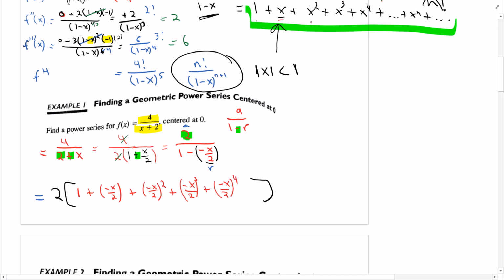We're just replacing all these x's with negative x over 2. And then we could simplify this. I think it's easiest to keep that 2 on the outside, but we just rewrite this a little bit like such.